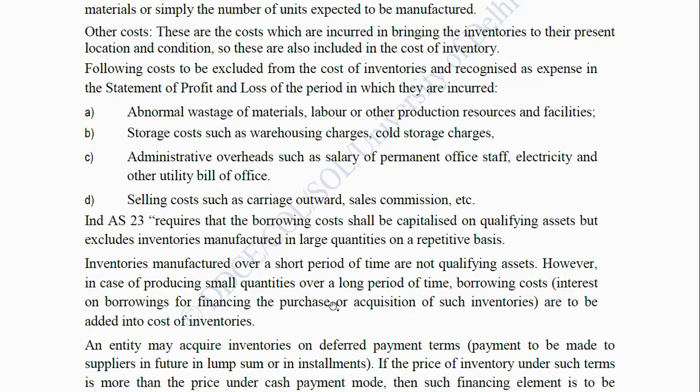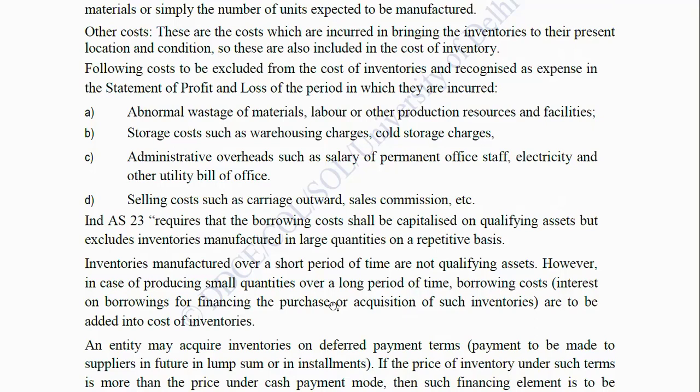The following costs are to be excluded from the cost of inventories and recognized as expense in the statement of profit and loss of the period in which they are incurred. Abnormal wastage of materials, labor or other production resources and facilities.